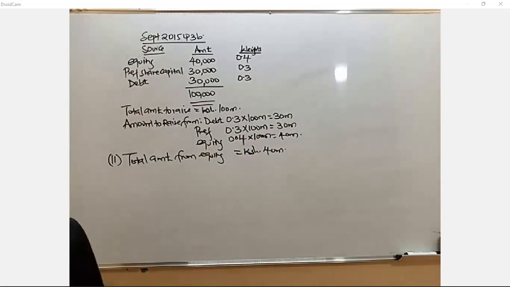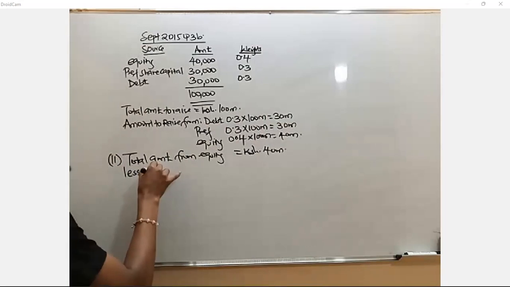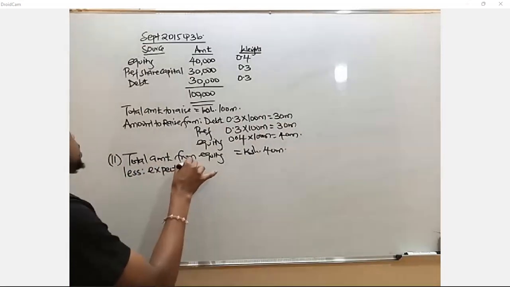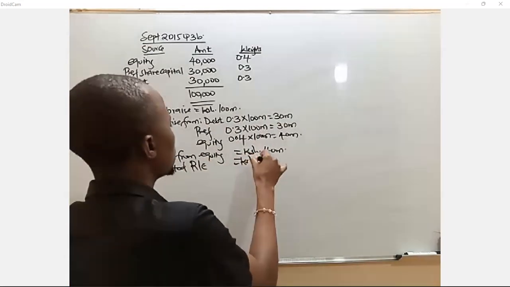But how much can we raise from the retained earnings? Bullet number 4 tells us that the company can generate 10 million shillings from internal sources to finance this expansion program. So the expected retained earnings are Kenya shillings 10 million.